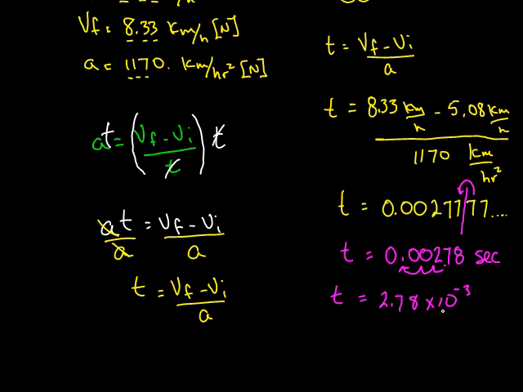So 2.78 times 10 to the minus 3 seconds. Then a statement at the end: the time would be 2.78 times 10 to the negative third seconds. It doesn't have to be fancy.